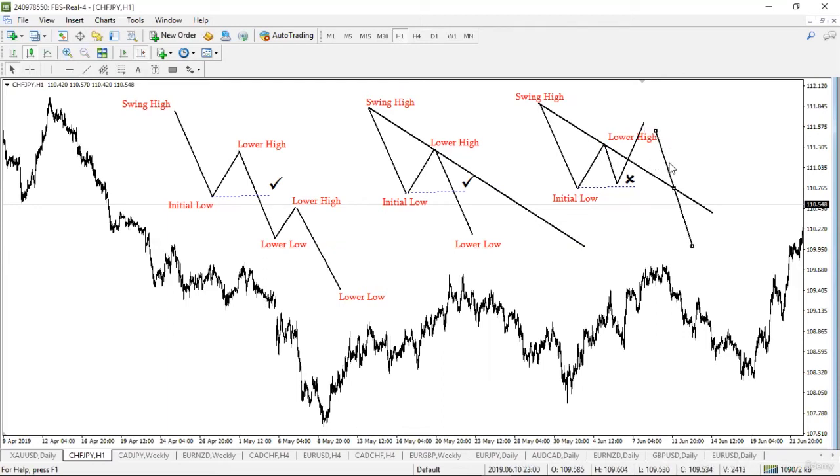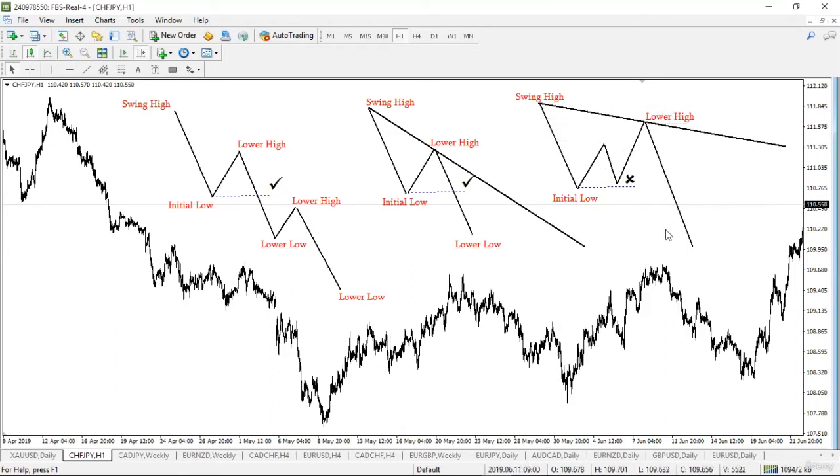Your trend line is here. So your trend line is going like that. It's still bearish. This is an impulse. This is a correction, and then this is another impulse. It's a lower high because it didn't go above this high.